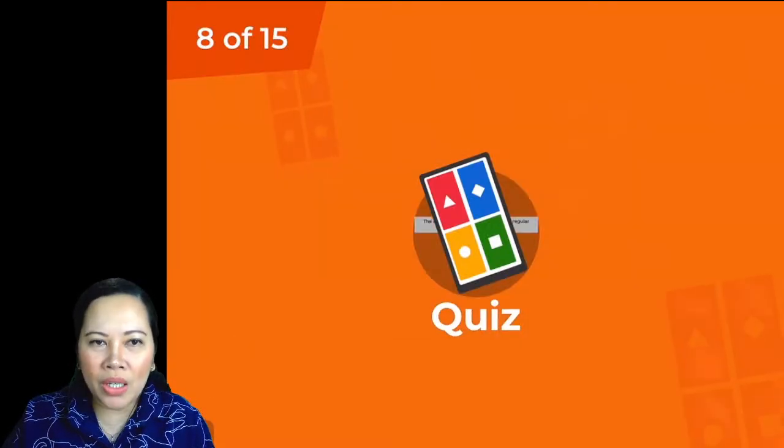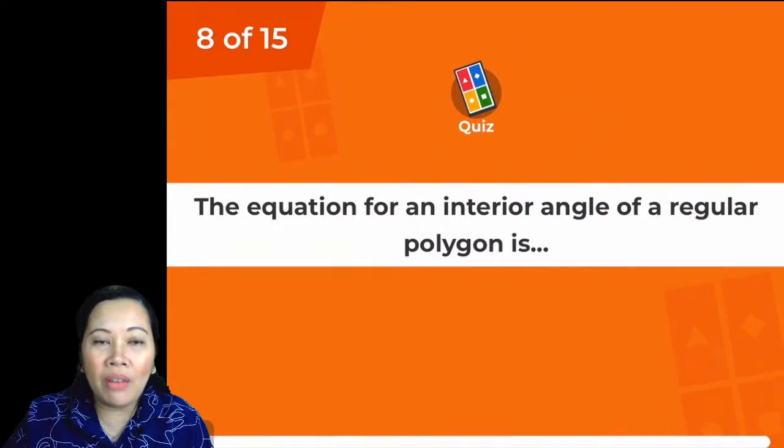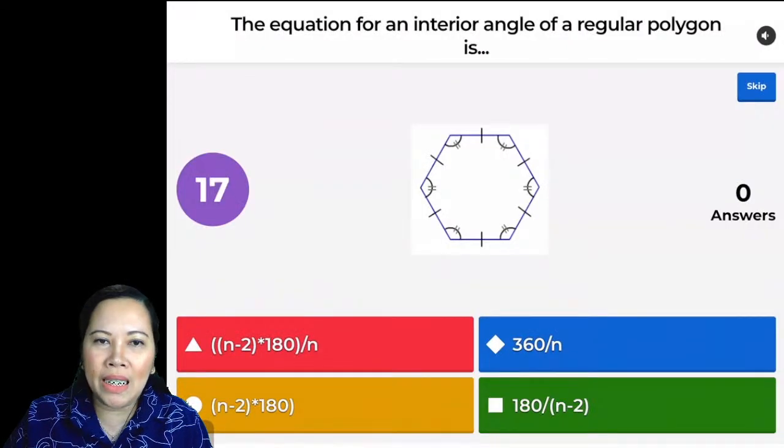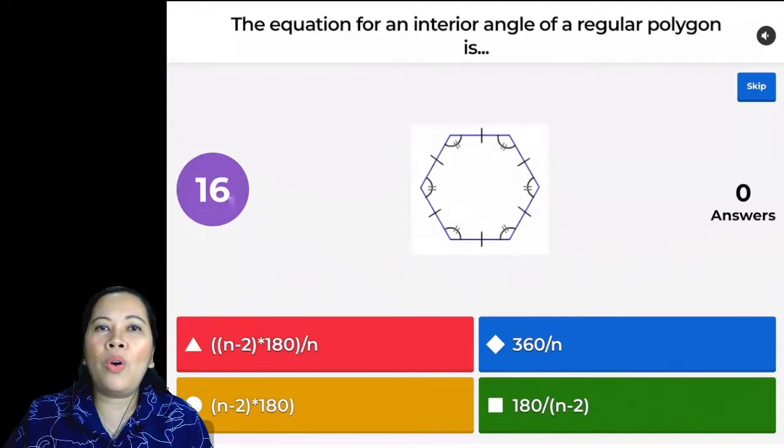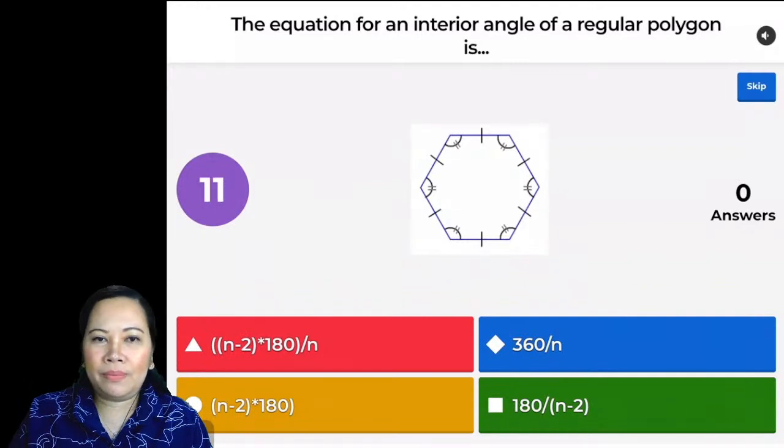Question number 8. The equation for an interior angle of a regular polygon. What is the equation for an interior angle of a regular polygon?